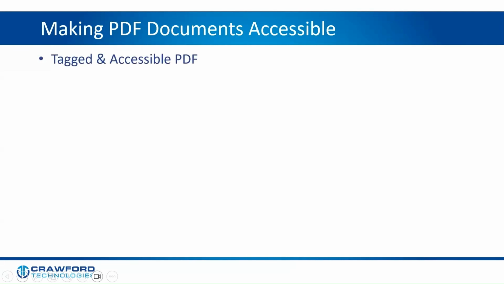So we call this tagged and accessible PDF, and that's something that we as a company focus on because we work with a lot of organizations who produce that system-generated content and need to find a solution to make large volumes of PDFs accessible as quickly as possible and in as automated a way as possible.